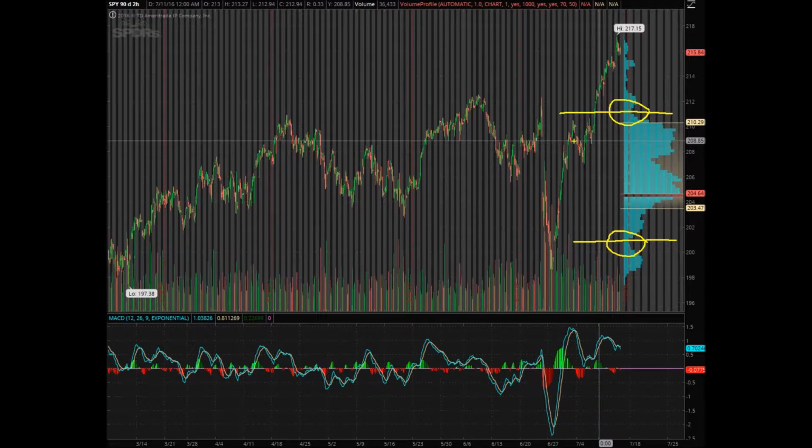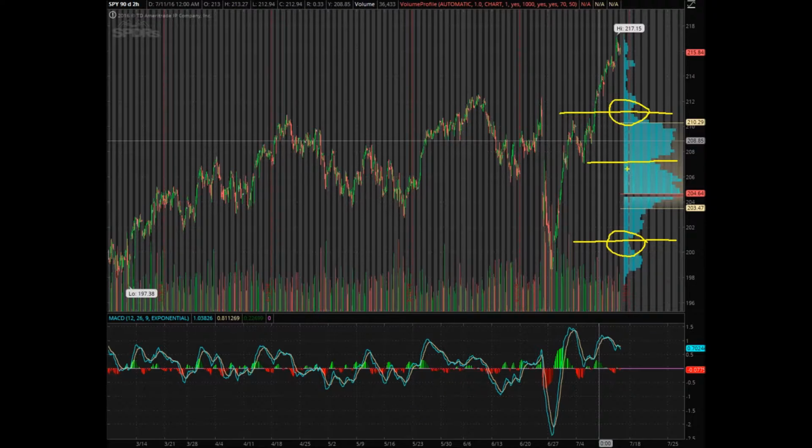So you can use these volume profiles to help reinforce that. Look at right here. There's a dip right in the middle at around the 207 level, and we often see a little bit of support or resistance in that area as well.